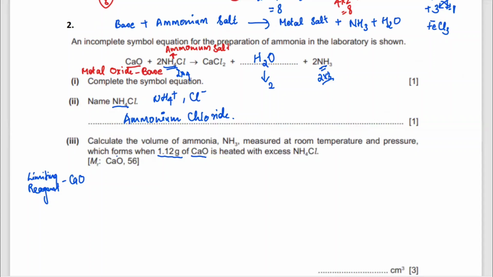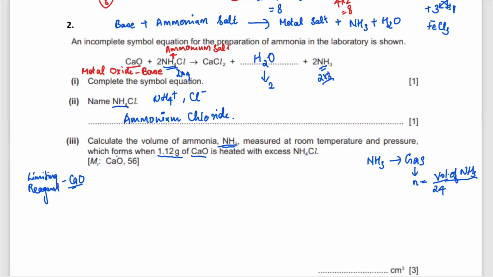So over here, we will be using the stoichiometric ratio to find the amount of product formed, which is ammonia. Because NH3 is a gas, for finding the number of moles of gas, we use the formula n is equal to V by 24, where V is the volume of NH3 produced.